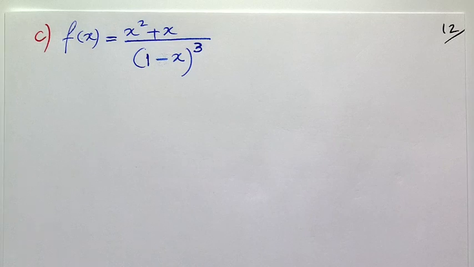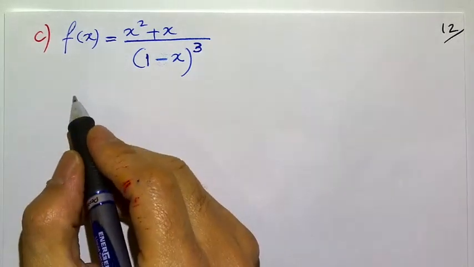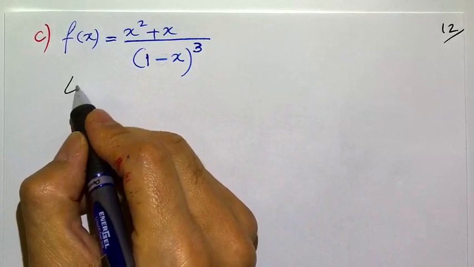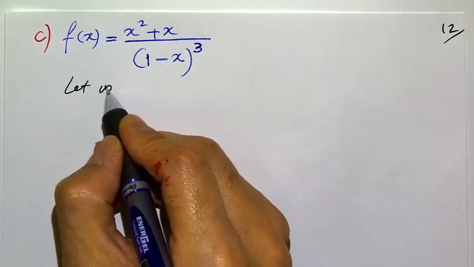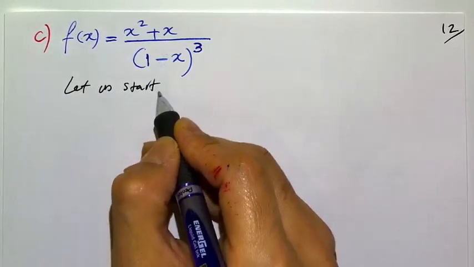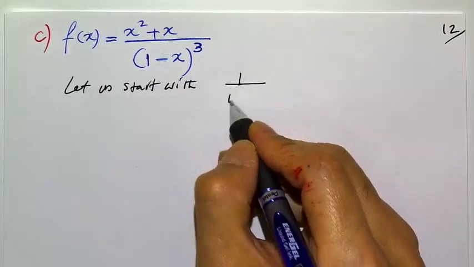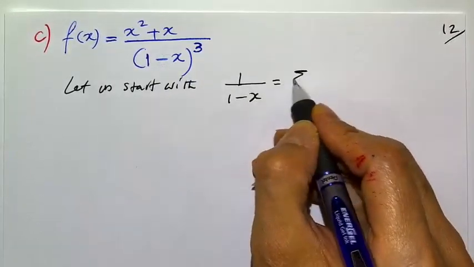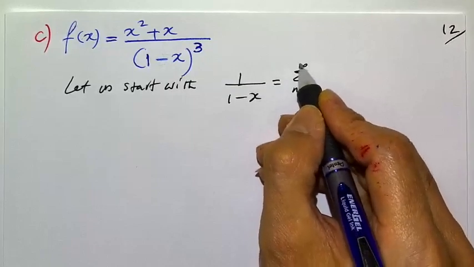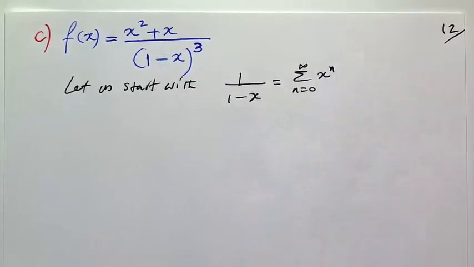Sorry, I had to drink a little bit of water here. Let us start with the original power series, 1 over 1 minus x, which is represented by this power series, right? We start with that.